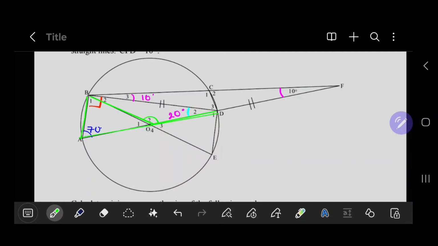What do we know about this? We have a theorem that matches this. This theorem says the angle at the center is 2 times the angle at the circumference, which means that O2 is going to be 2 times 70, which makes angle O2 140 degrees.